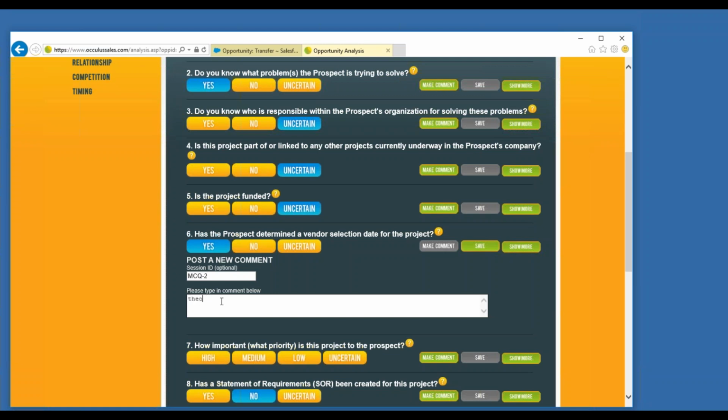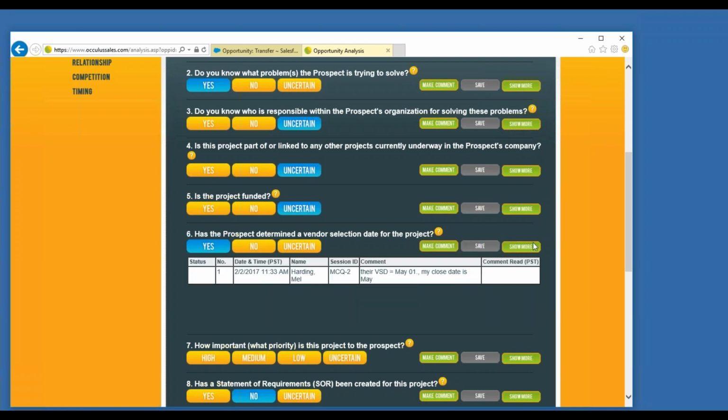Their vendor selection date is May 1st, okay? And my close date is May 15th. That gives 15 days for a little slippage or whatever. So I just want to give myself a little bit of wiggle room here, because I don't want my boss leaning on me, asking me where the order is.